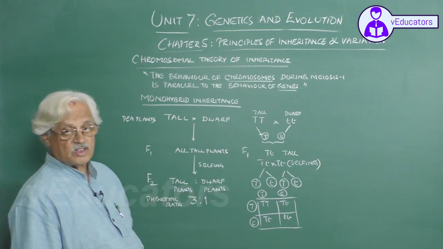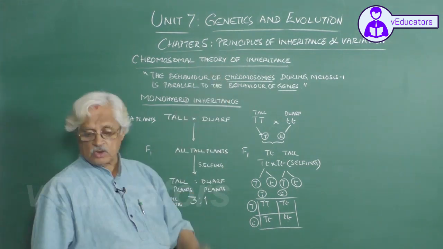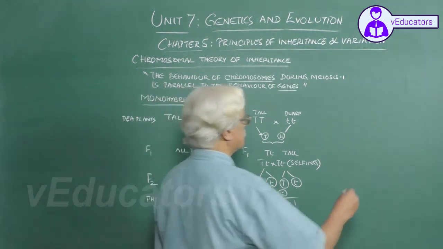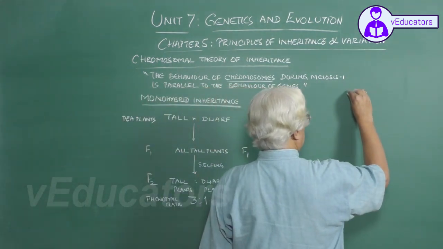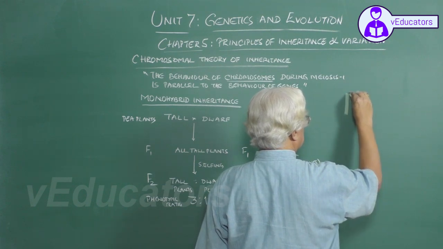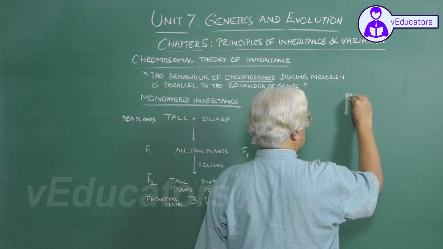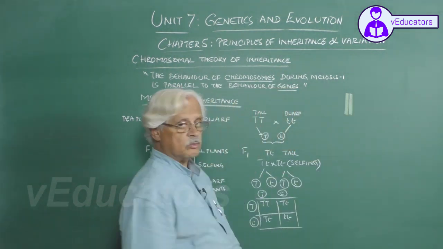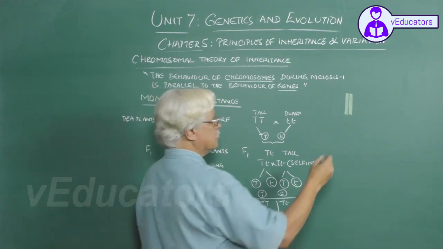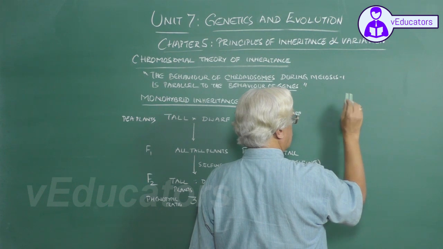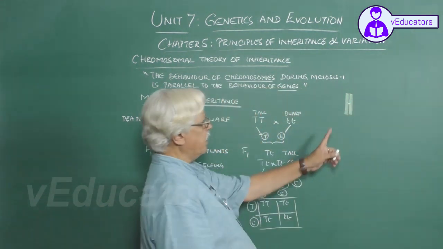Suppose we represent this idea based on the chromosomal theory of inheritance. Let us say this is one pair of homologous chromosomes in the tall plant.